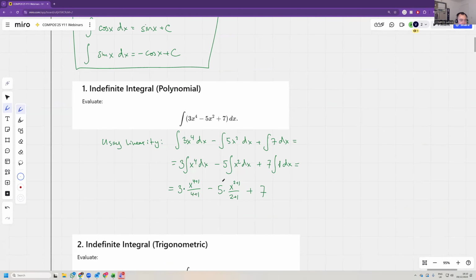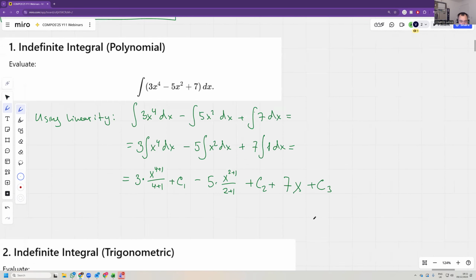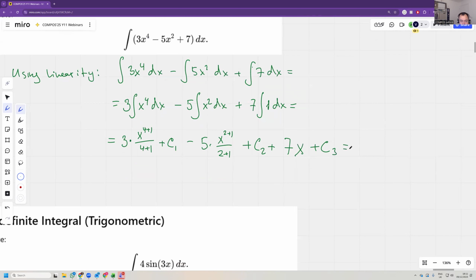I forgot C. So technically, I have to write C everywhere. So plus C1, plus C2, plus the integral of 1 is x. So 7x plus C3. Because the integral of 1 is x, right?